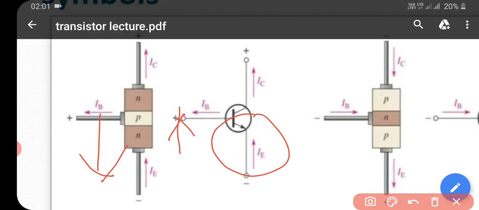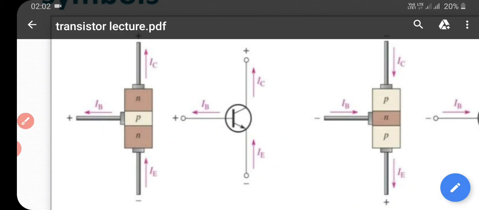So this arrow shows the convention of current flow. This arrow is always in the emitter region. By using this arrow, we can find the type of transistor, NPN or PNP.